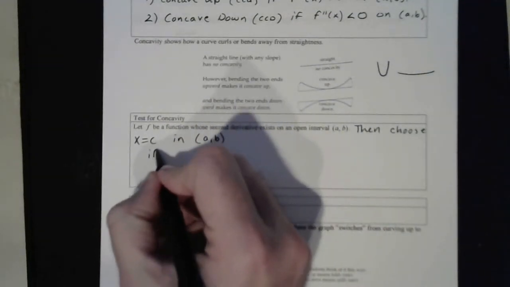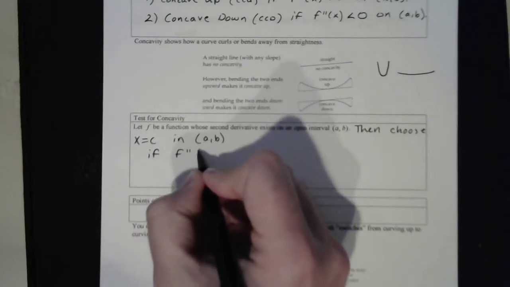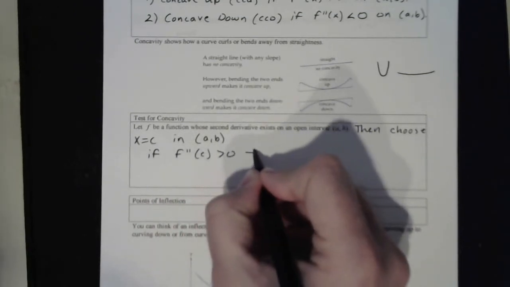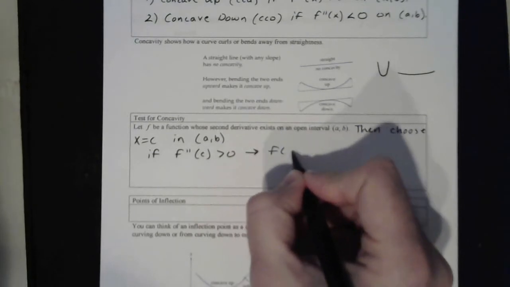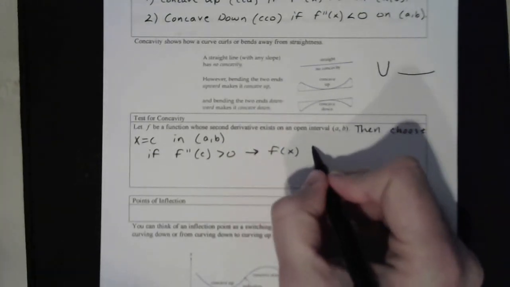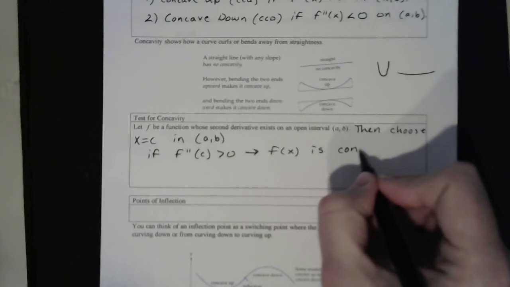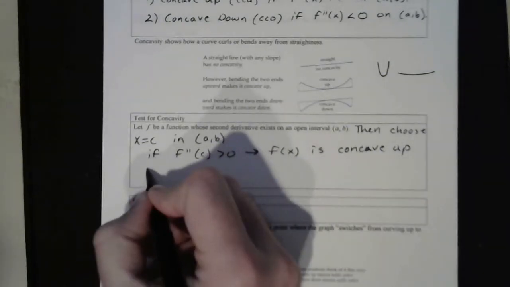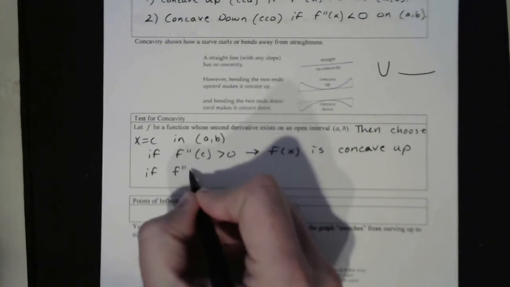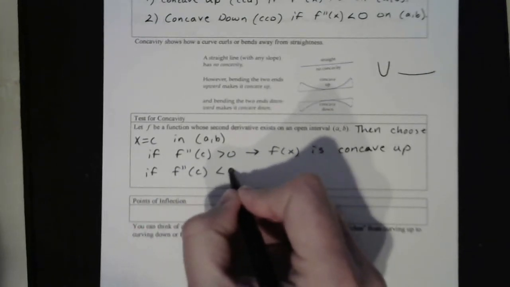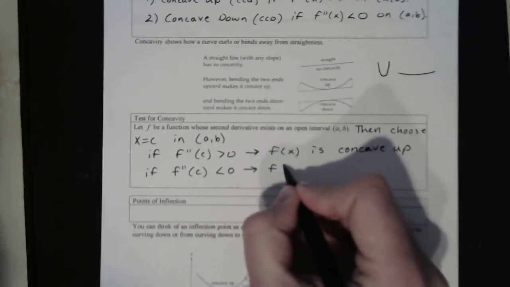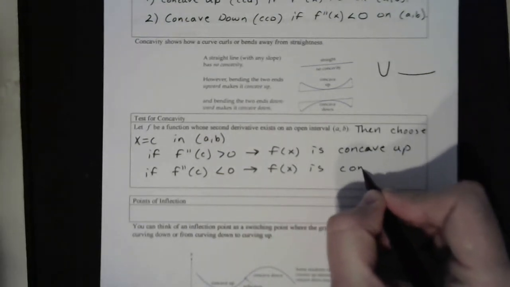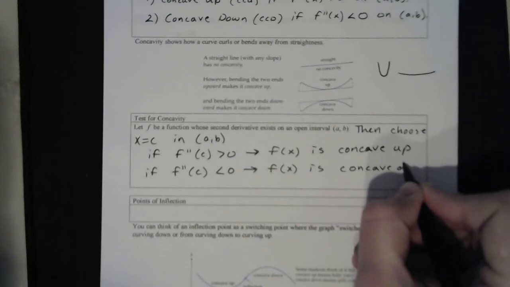And if f double prime of c is greater than 0, then we can say that f of x is concave up. And if f double prime of c is less than 0, we can say that f of x is concave down.